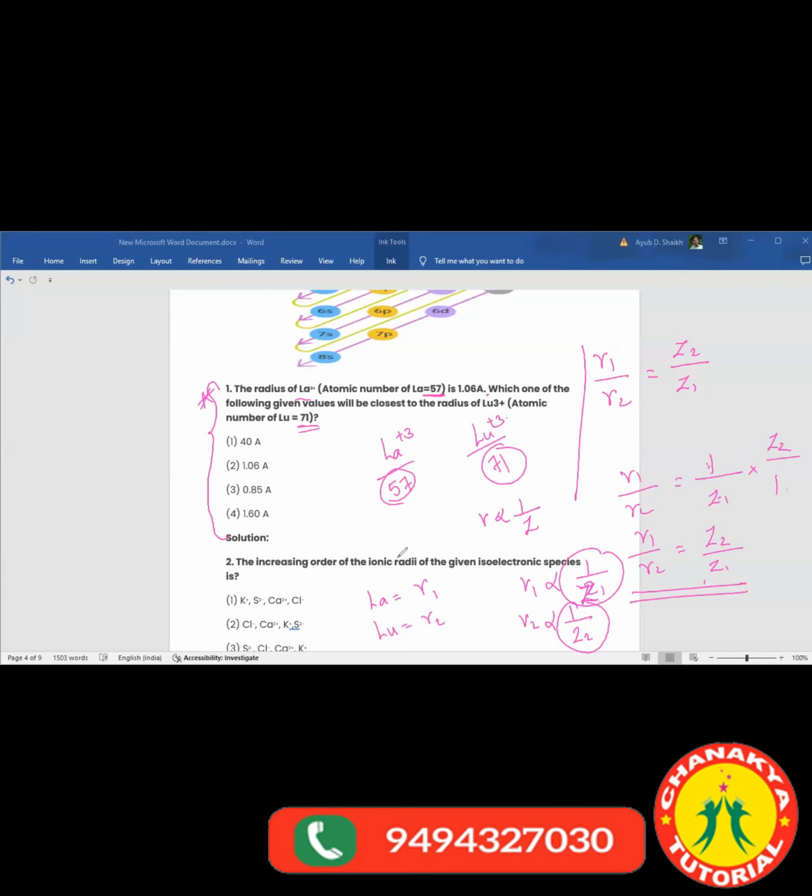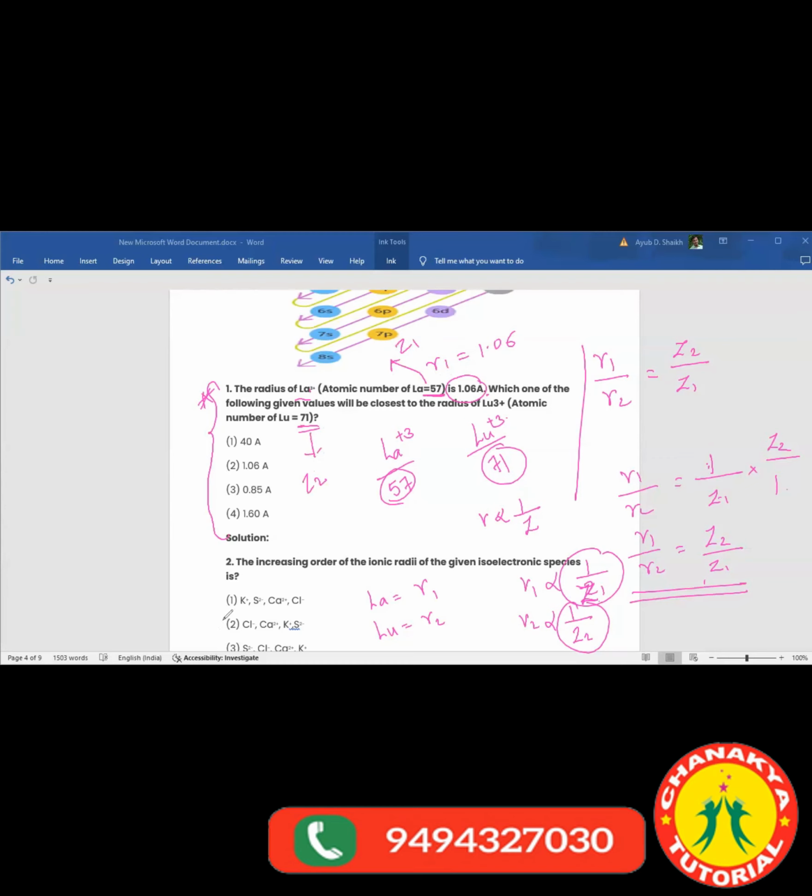Now you have to put the values of what they ask you to calculate. The radius of lanthanum is given, that is R1, 1.06. R2 you have to find, right? Z1 and Z2 are given: 57 is Z1 and 71 is Z2. Put the values and calculate.